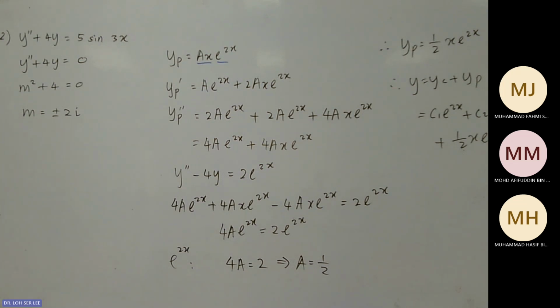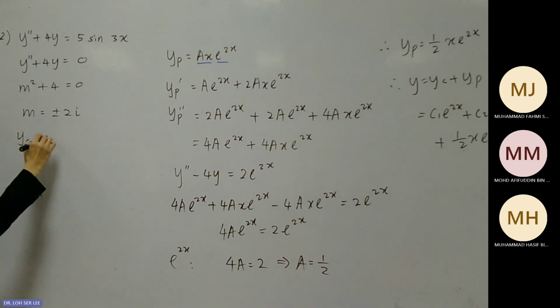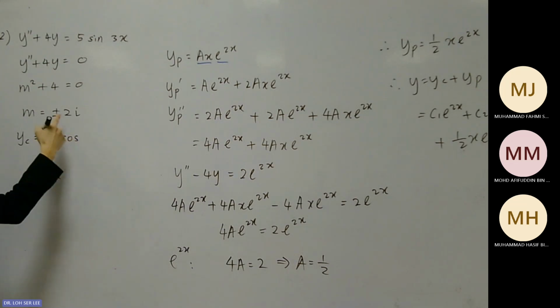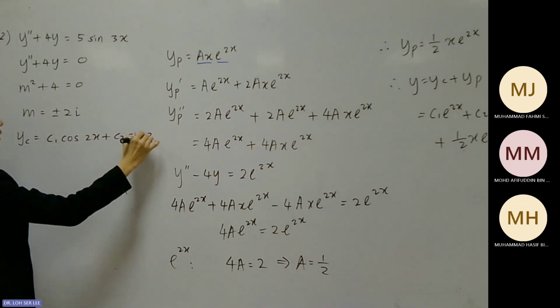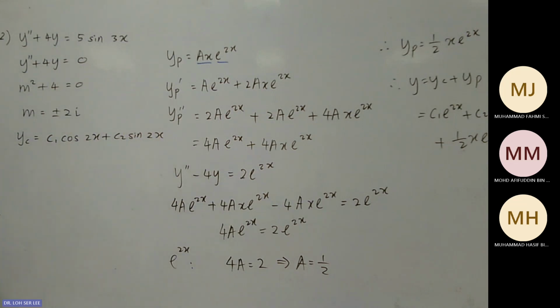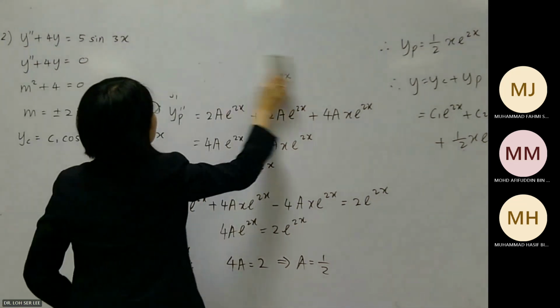So case 3. Case 3, so your yc will be: alpha is 0, so e^0 is 1. Then followed by C1 cos beta x plus C2 sin beta x.